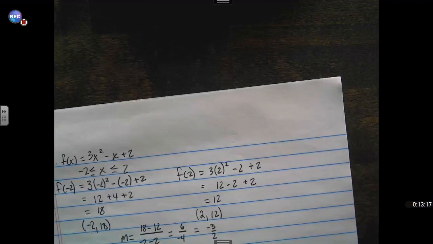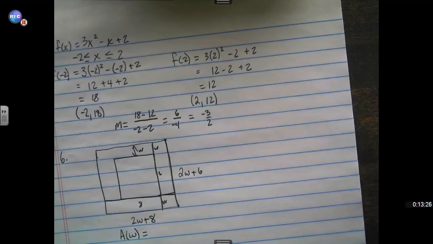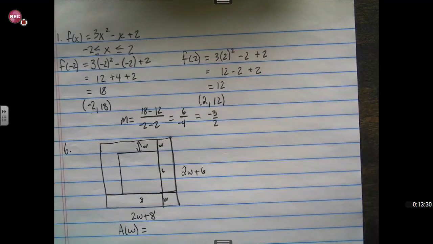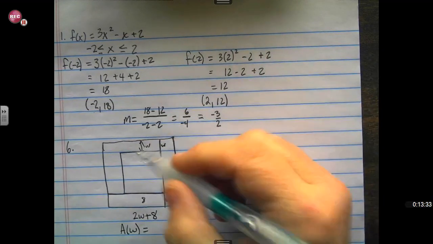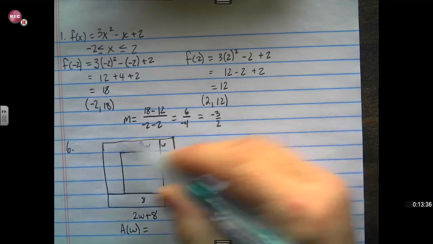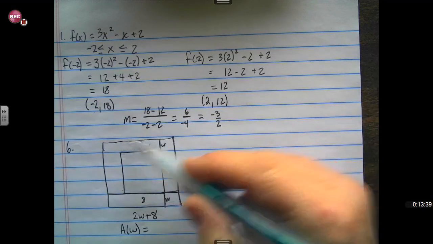And we want to write a quadratic function A in standard form. So A of W. Boy, things aren't going well today. All right, so I drew my original picture, 6 by 8, and then put a frame around it. And the frame is W all the way around.